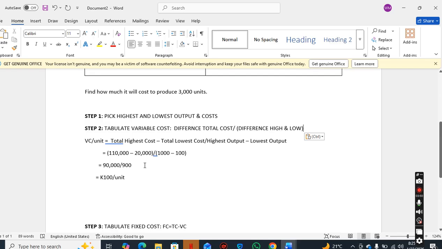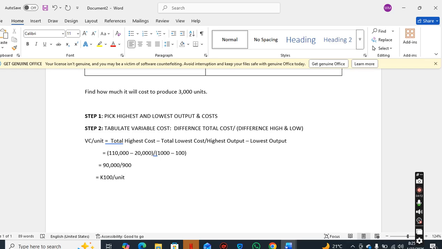Okay. Now we've got our variable cost. We need now to find our fixed cost, because once we split into our variable and our fixed costs, we'll be able to make our cost equation. So this is where the high-low method applies. If you want, you can work with the high.